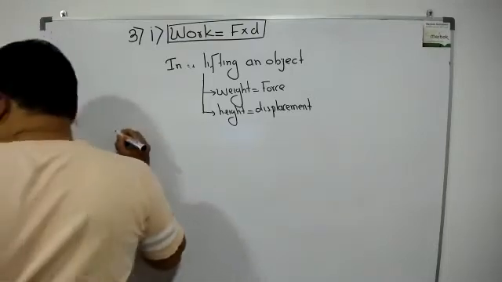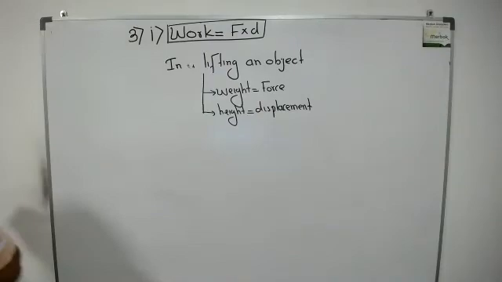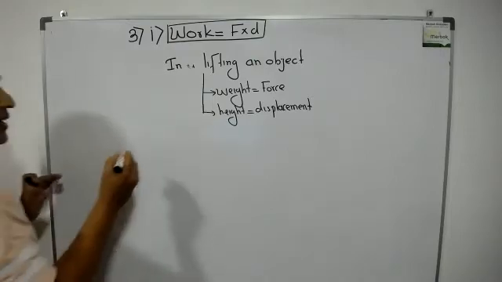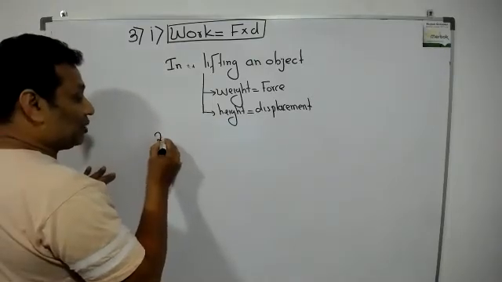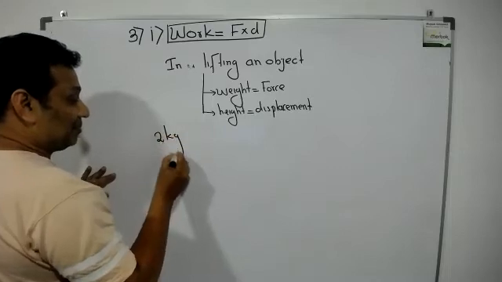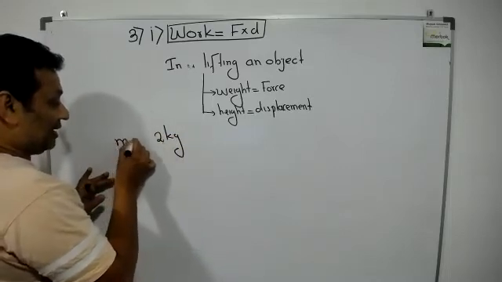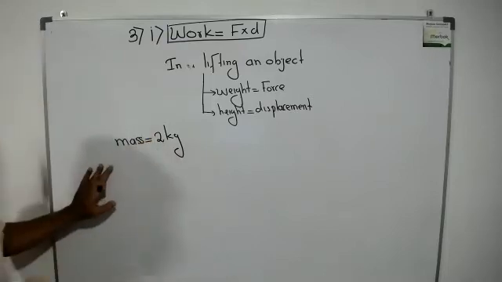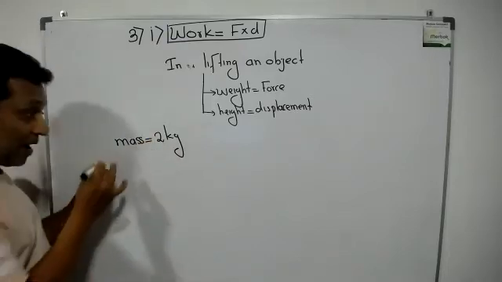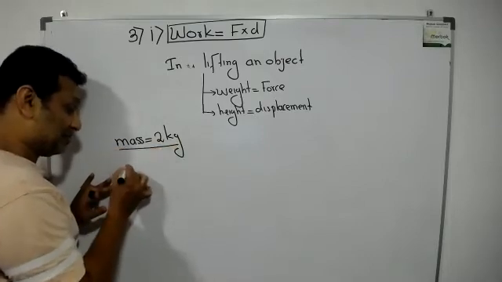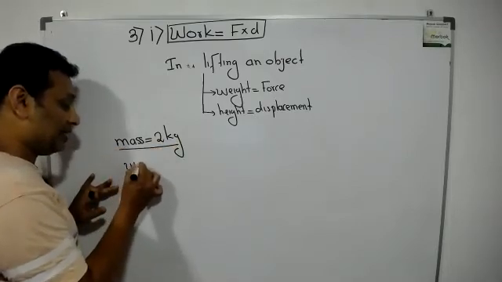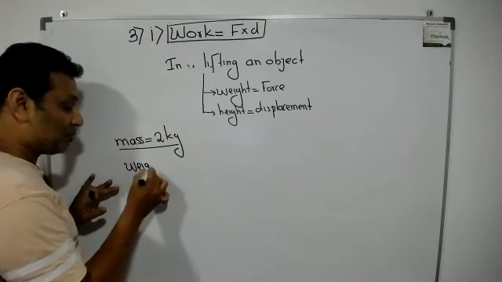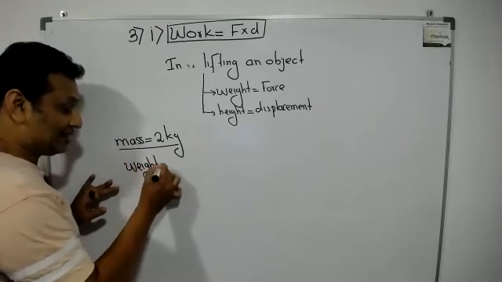So, here you are given a 2 kilogram object. What is 2 kilogram? It is the mass. Mass is 2 kilogram. That is not weight. We have to find the weight.